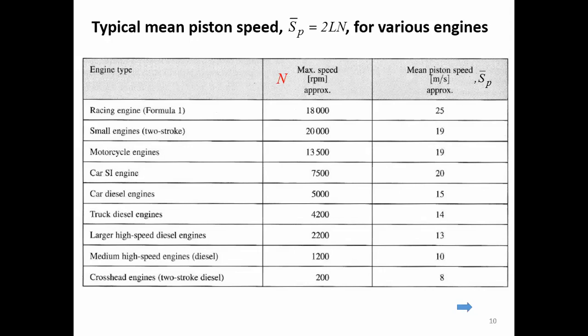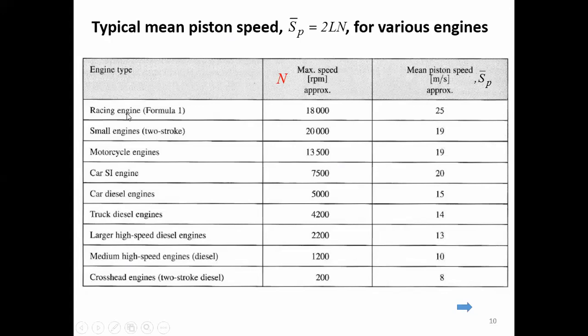But if you go according to this, you can use conventional materials and conventional equipment, conventional OEM, original equipment manufacturers, to help you produce the engine. This table shows the typical mean piston speed for various engines.